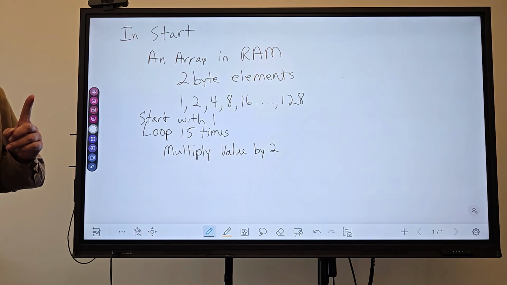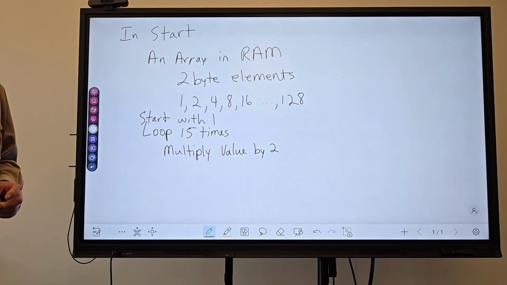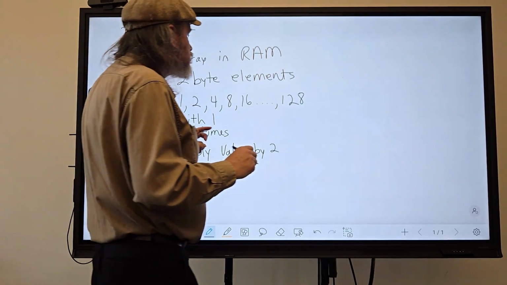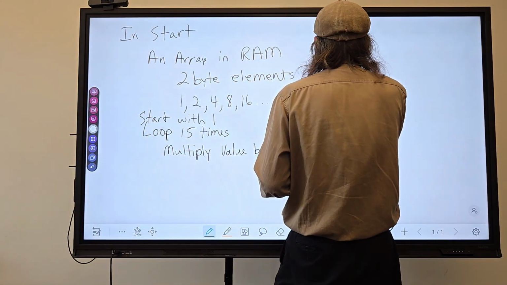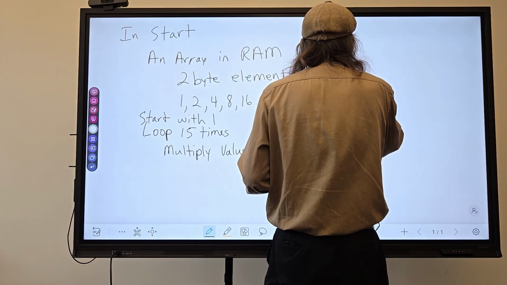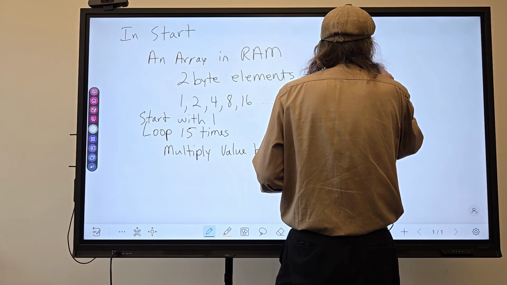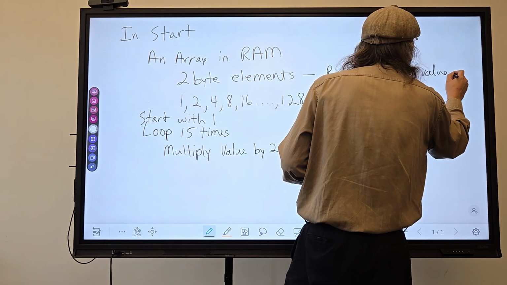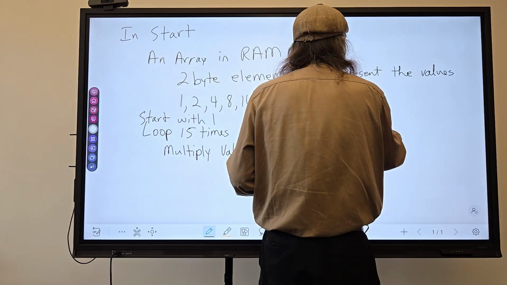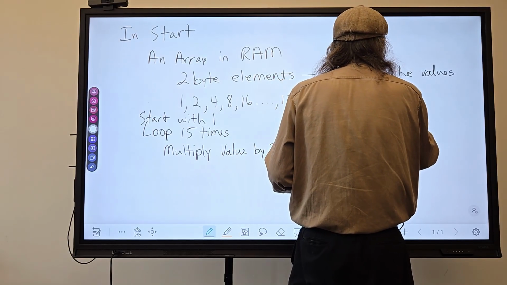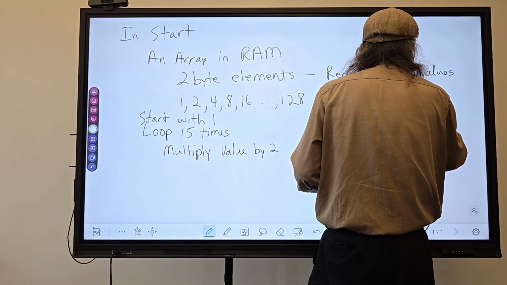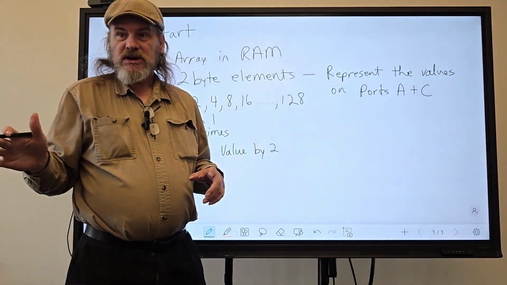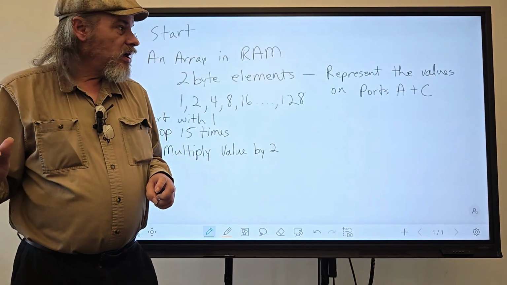Start with 1 in the value of the array, because the 2-byte elements represent the values on ports A and C for the output.